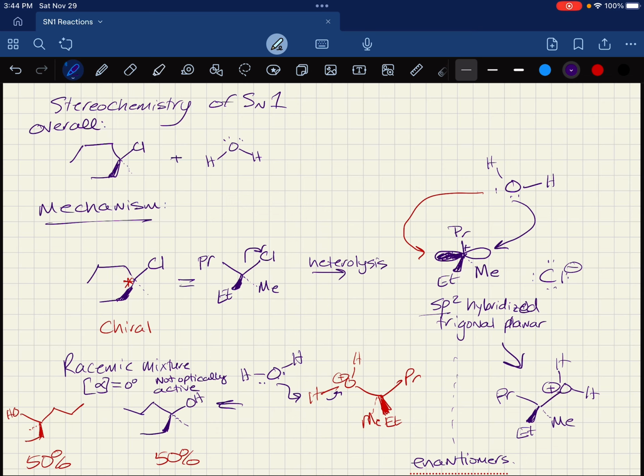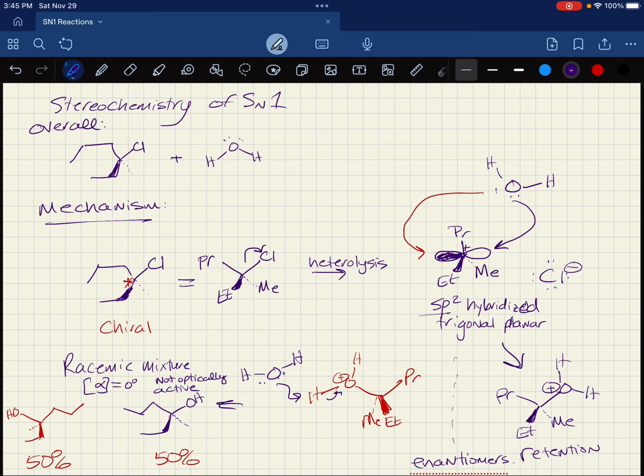The other thing I want to address here is a little bit of terminology. Typically, when the nucleophile ends up on the same side as the leaving group was, that's called the retention product, because the stereochemistry is retained.